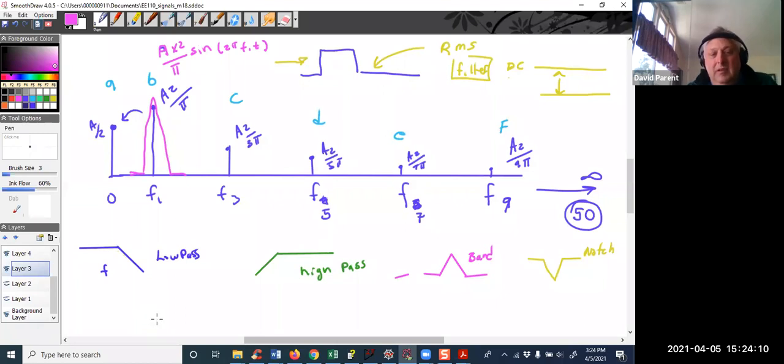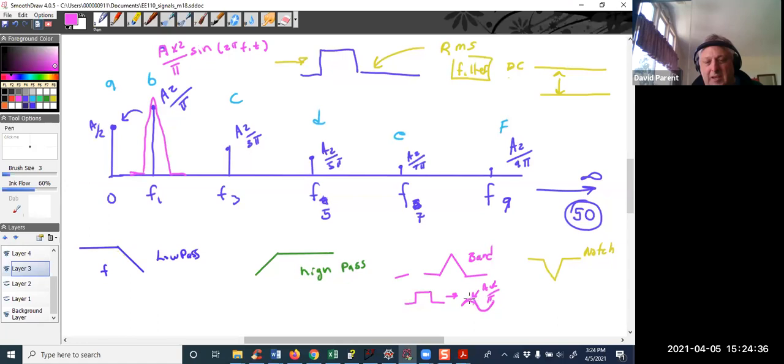All right, so I'm going to put in a square wave, right? So with a DC offset. And what I'm going to get out is a sine wave with an amplitude of A times 2 over pi.